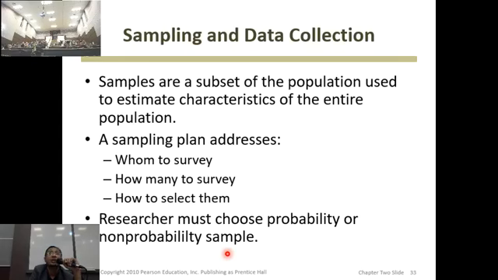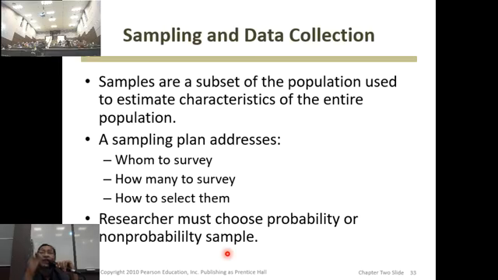So if you want to ask everybody, it's going to be problematic. And then the sampling plan addresses whom to survey, how many to survey, how to select them, and the researcher must choose a probability or non-probability sample.